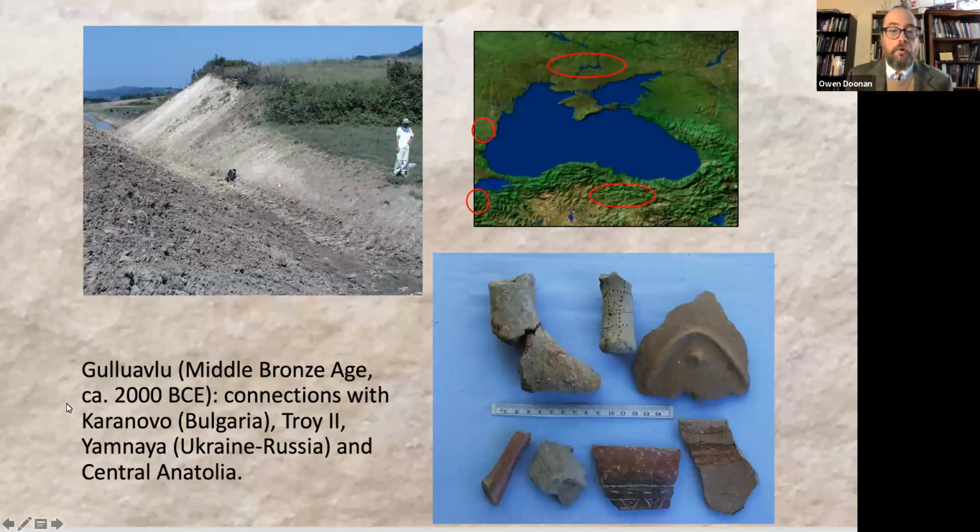An even more stunning array of finds popped up at our site Guluavlu, again right in the middle of the promontory, quite far from the sea. And at Guluavlu, we found these tripods like this one here, which connect with the Yamnaya cultures of Ukraine and the steppe. We found these burnished teapot spouts, which are typical of central Anatolia.